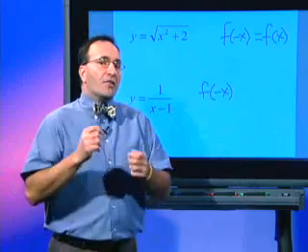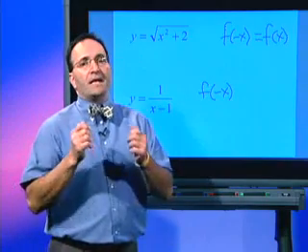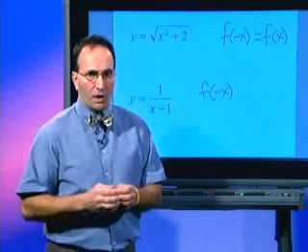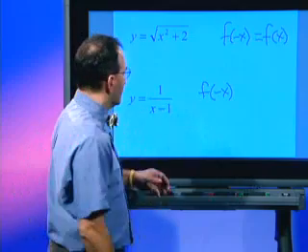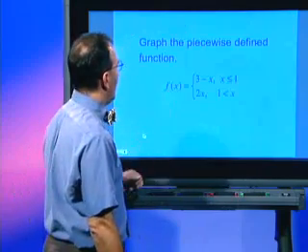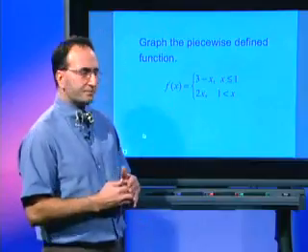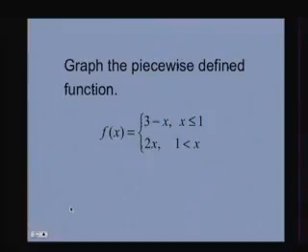All right. Also, some graphs come in what we call piecewise functions. So we're going to take a look at a piecewise function. Graph the piecewise function defined by f of x is equal to 3 minus x when x is less than or equal to 1, and it's equal to 2x when x is greater than 1.